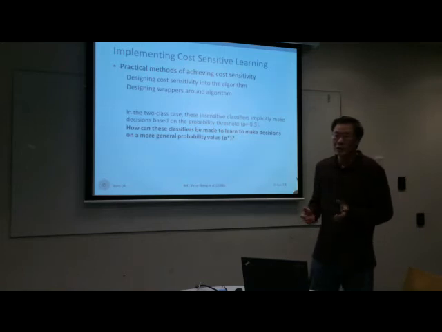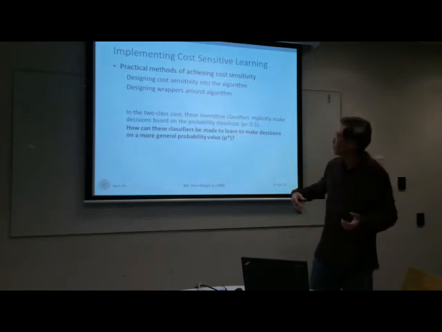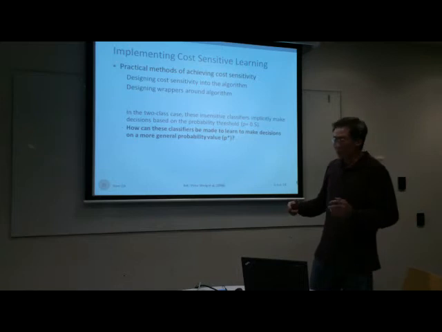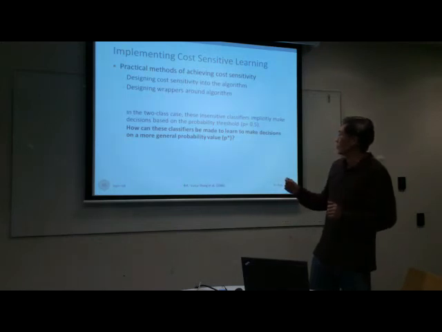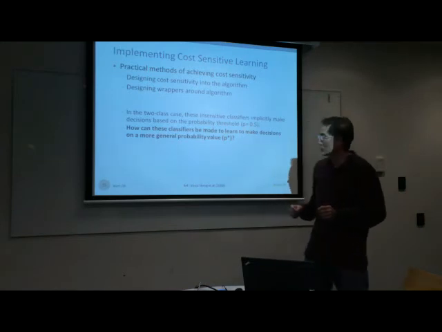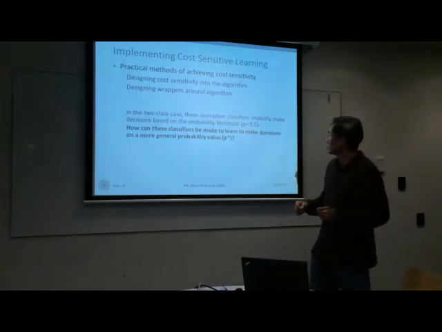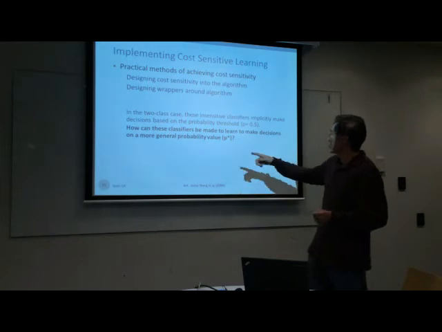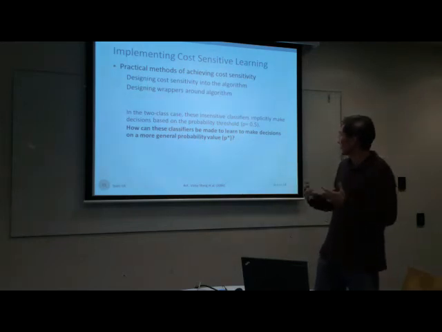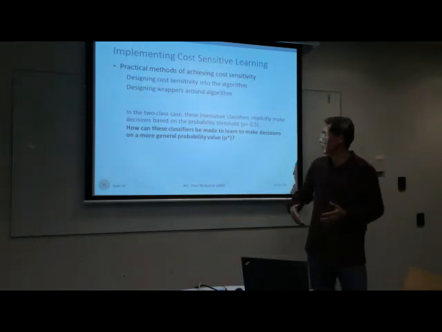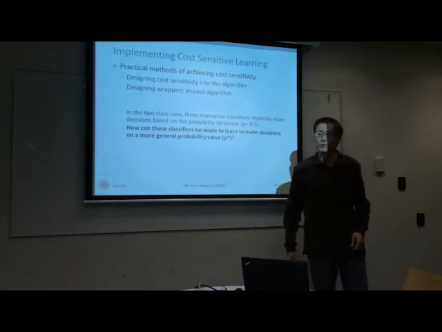Other ways are to do pre-processing or post-processing without really touching the algorithm for calculating the probabilities. I'd like to then pass on to my teammate to explain how these classifiers can be made to learn to make decisions on the cost-based probability.